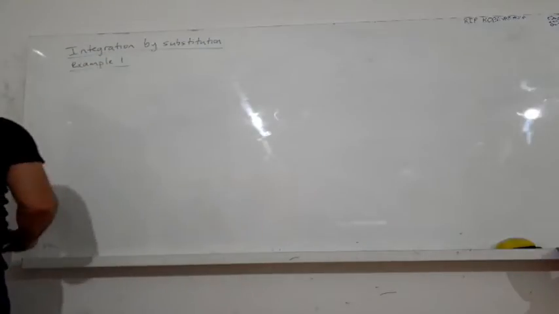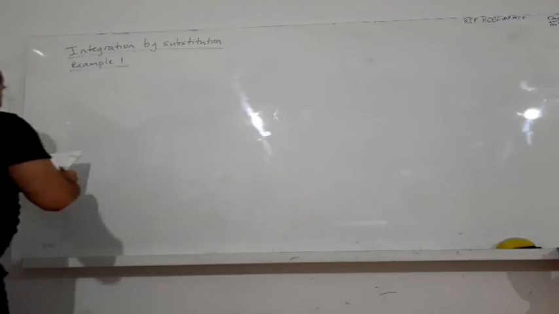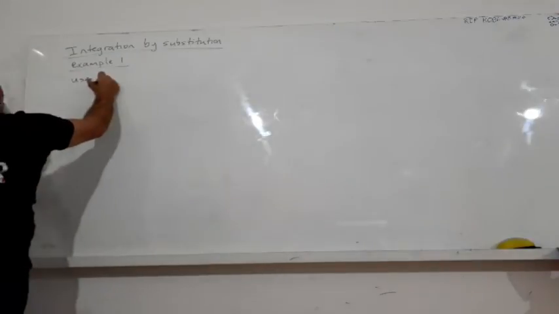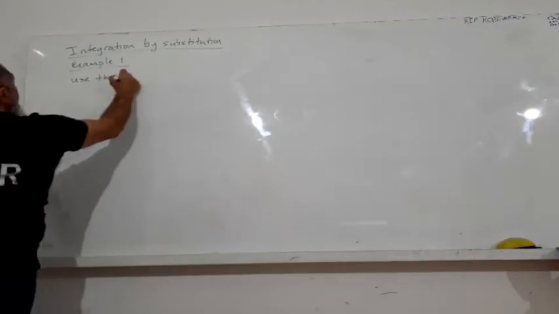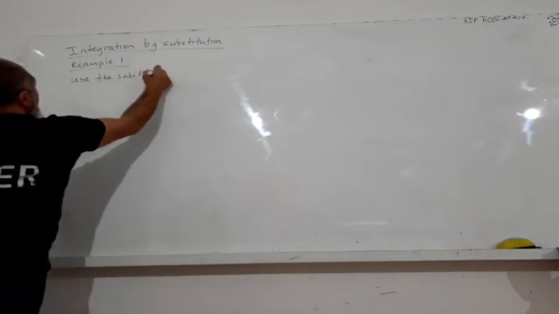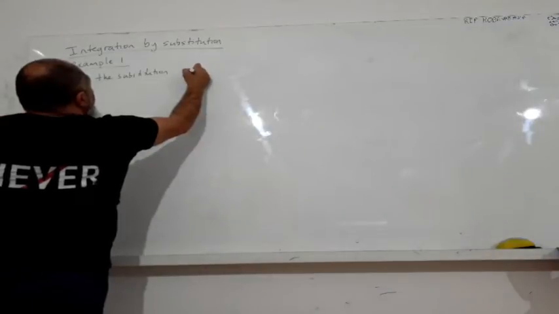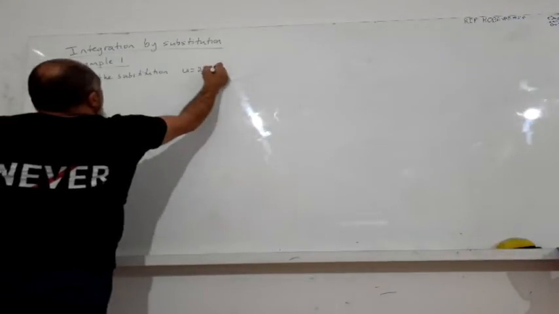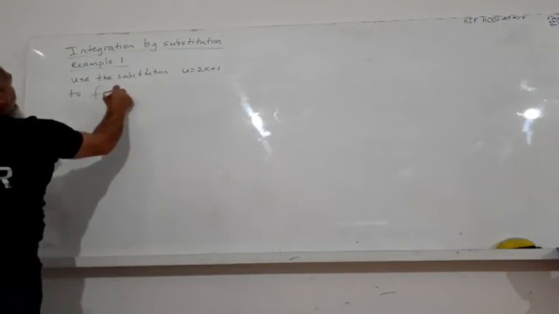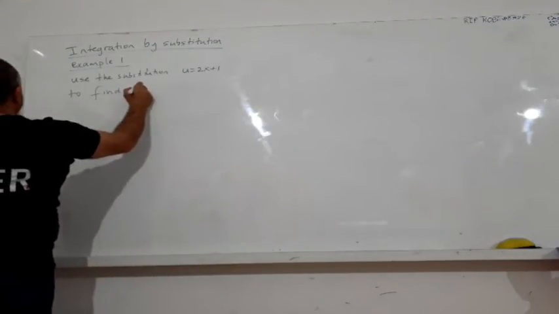Use the substitution u is equal to 2x plus 1 to find the integral of x under the square root 2x plus 1 dx.